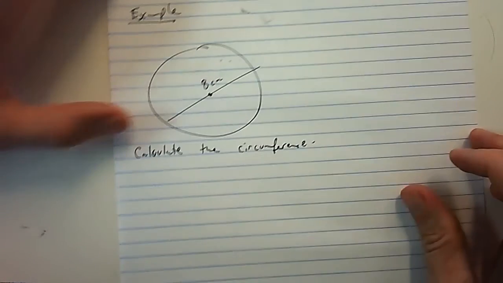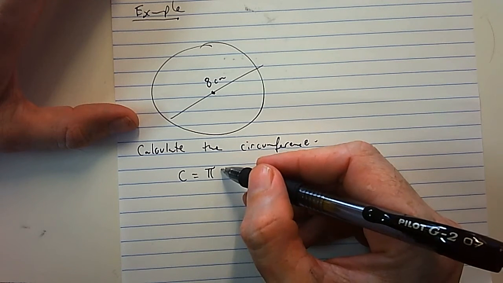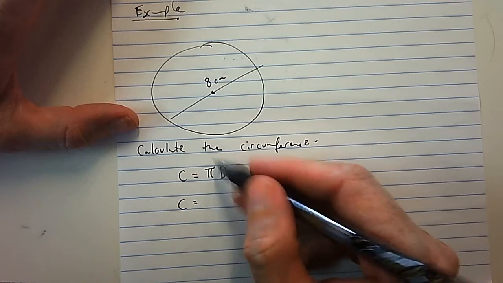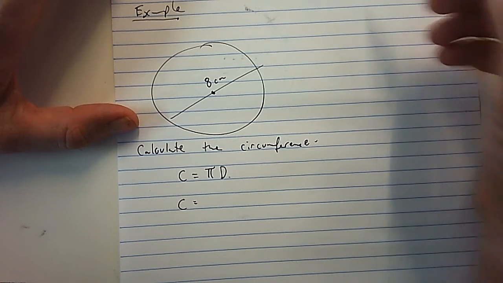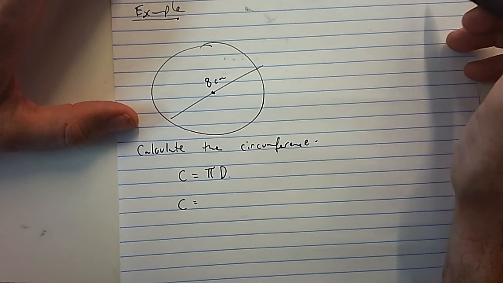My first step would be to write down my formula. C is equal to pi times the diameter. The circumference is equal to pi. Now in this situation, in year 8, we're going to use one of the approximations because we're not meant to be using our calculator.